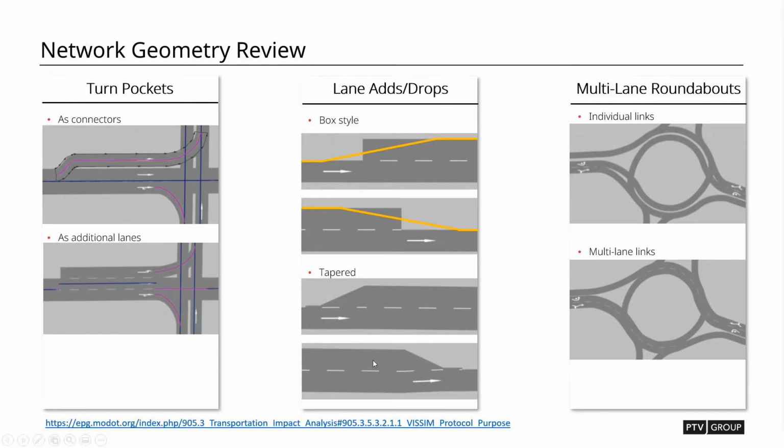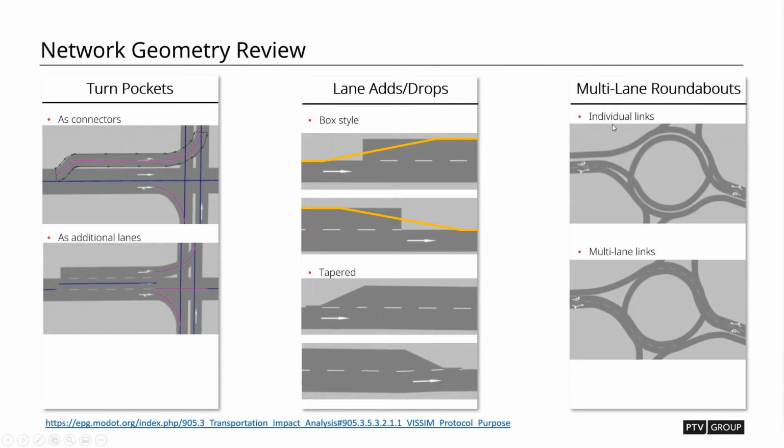Whereas if you have a long gradual taper where vehicles are merging together at high speeds, or trying to zipper like on an on-ramp, this tapered method can actually replicate that behavior a little bit better. Not that the box method is wrong in those conditions, it just takes a little bit more calibration on the driver behavior side to get that zippering behavior to work. But both of these are correct, and these are what you're going to be looking for.